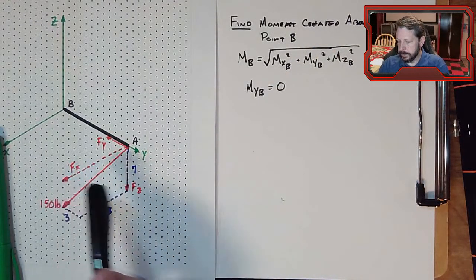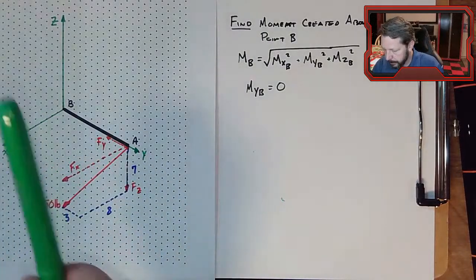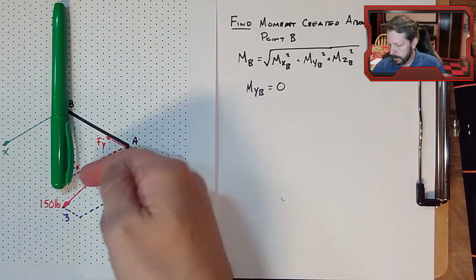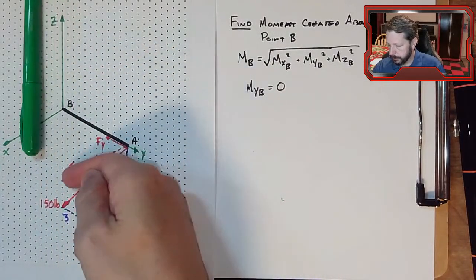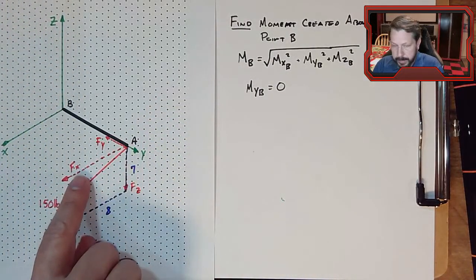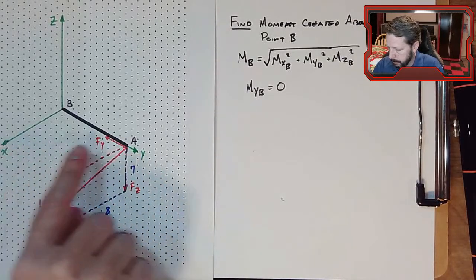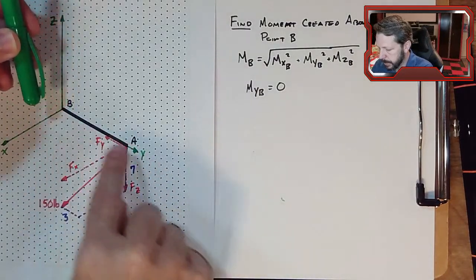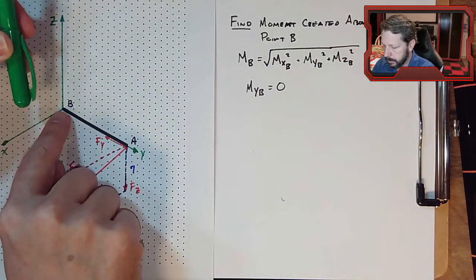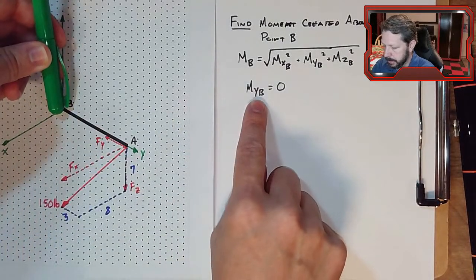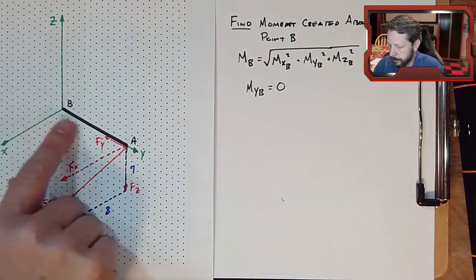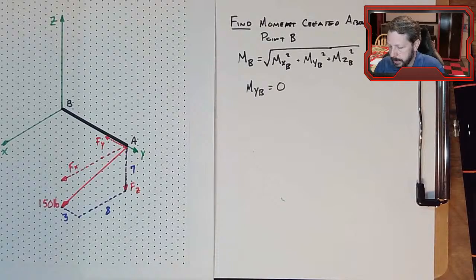But then let's look at x and z. If I'm thinking about the moment about the z-axis, and I'm pushing with the x force here, the Fx is in the xy plane. You could imagine this bar wanting to rotate around with the center of rotation being at B, rotating around the z-axis.